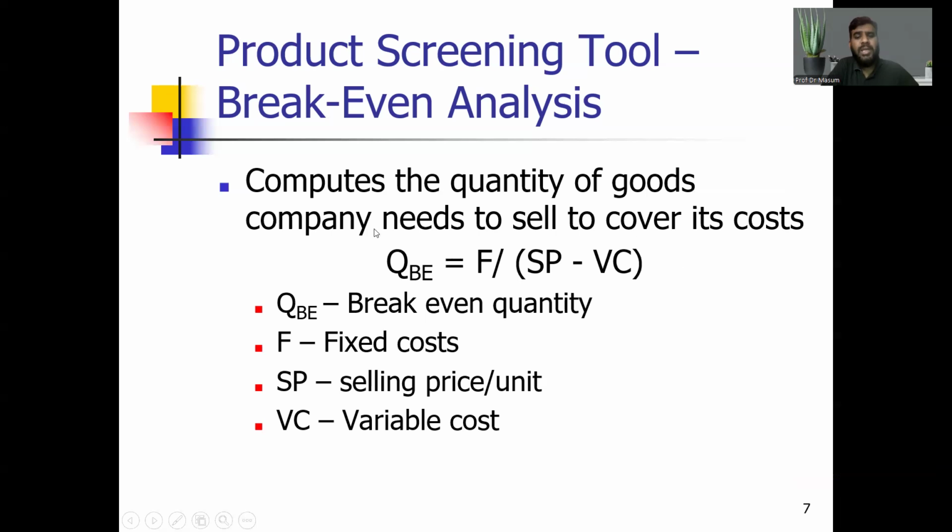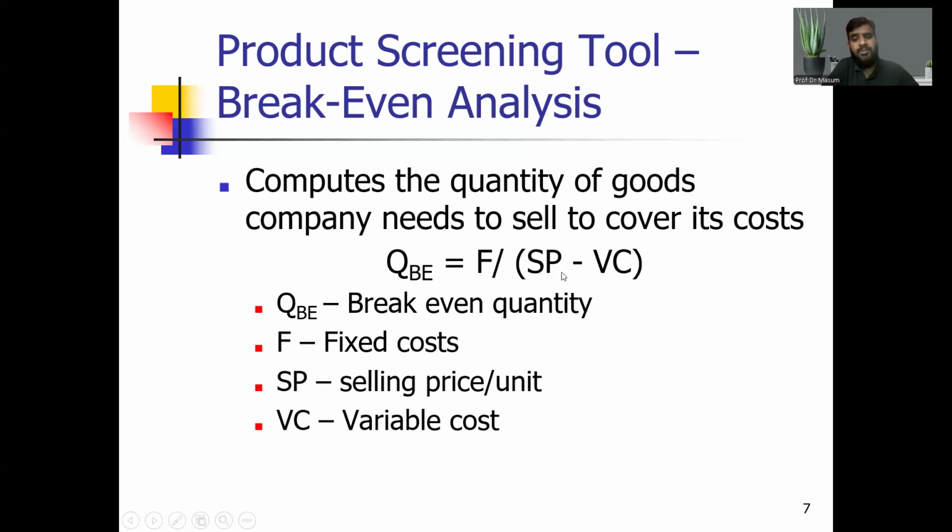When you are calculating break-even, you have to have information about the product: its fixed cost, its selling price, and its variable cost. So you will divide fixed cost by the sales price minus variable cost. This is also known as the contribution margin.